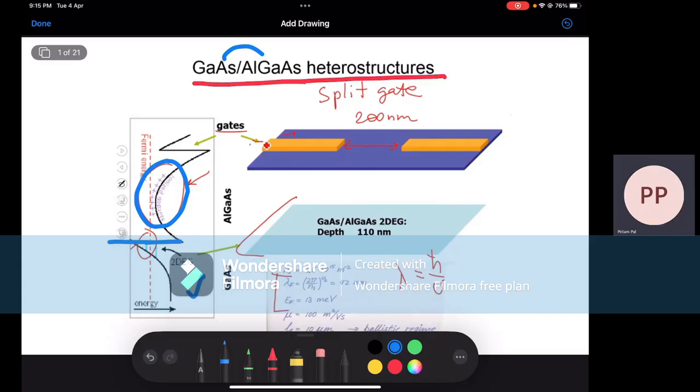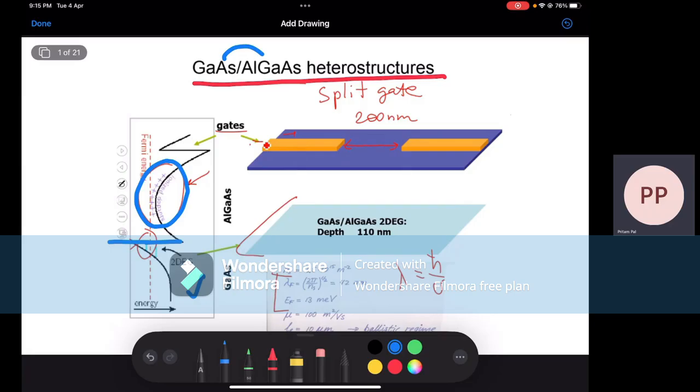The negatively charged electrons fall into the quantum well, and for the appropriate position of the Fermi level, we can have just a single sub band occupied in this interface potential trap. And this is the top view, basically, of a three-dimensional crystal.